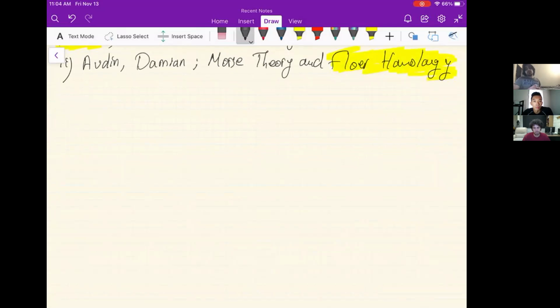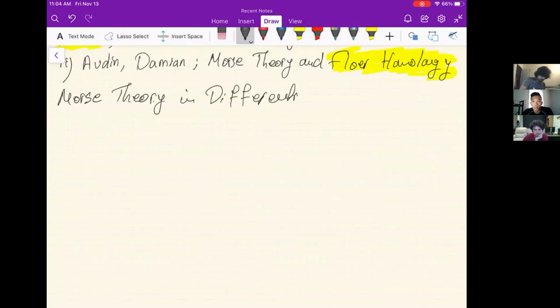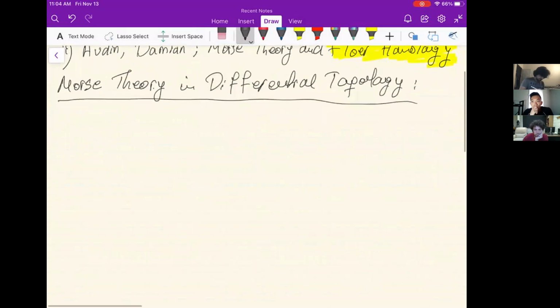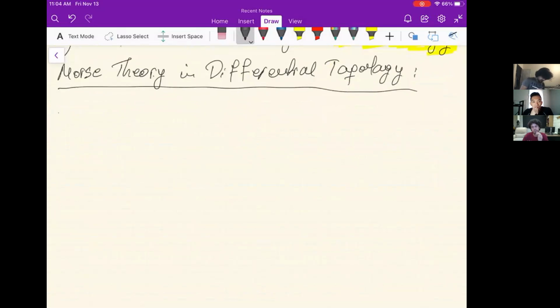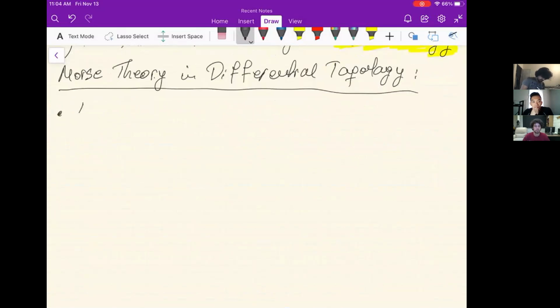Okay, so let me write: Morse theory, as a theory in differential topology. Our setting is as follows: M is a smooth n-dimensional closed manifold.